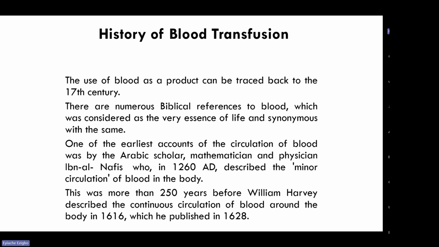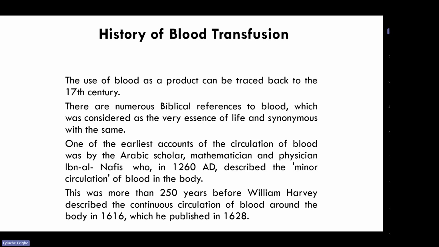But one of the earliest accounts of circulation of blood was by the Arabic scholar, mathematician, and physician Ibn al-Nafis, who in 1260 AD described the minor circulation of blood in the body.